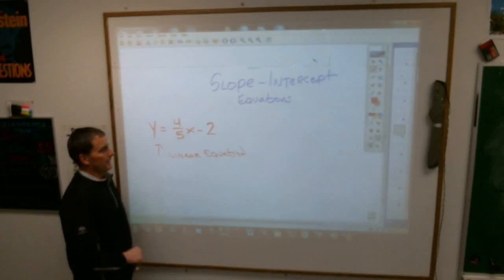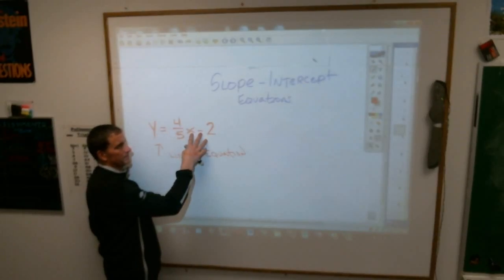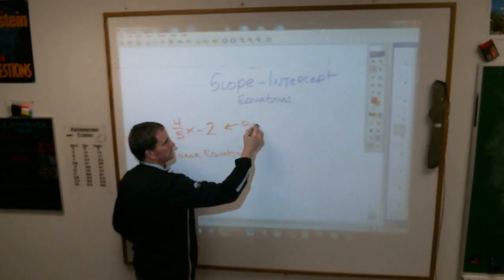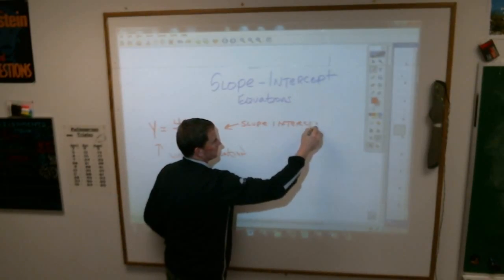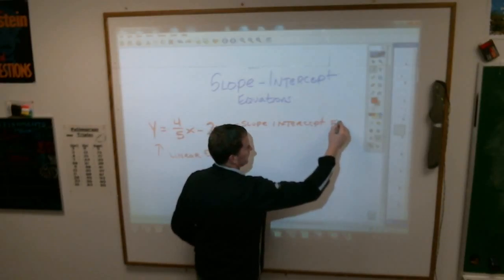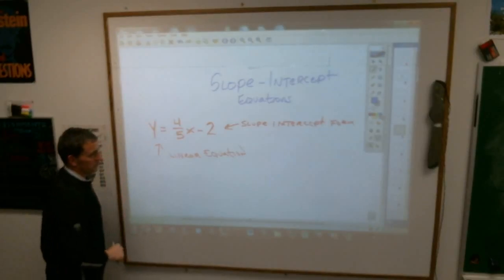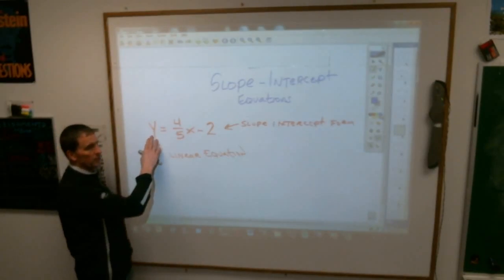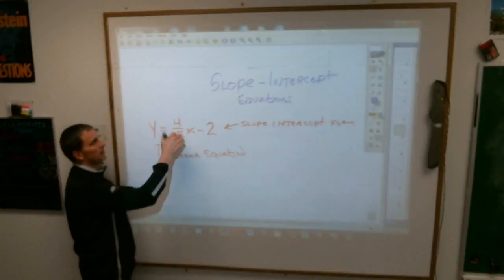Okay? And one form of it, when it is solved for y, is called the slope-intercept form. Now, as long as I have it solved for y and there's an x term here, it's in slope-intercept form. Let me give you some other examples you could have.